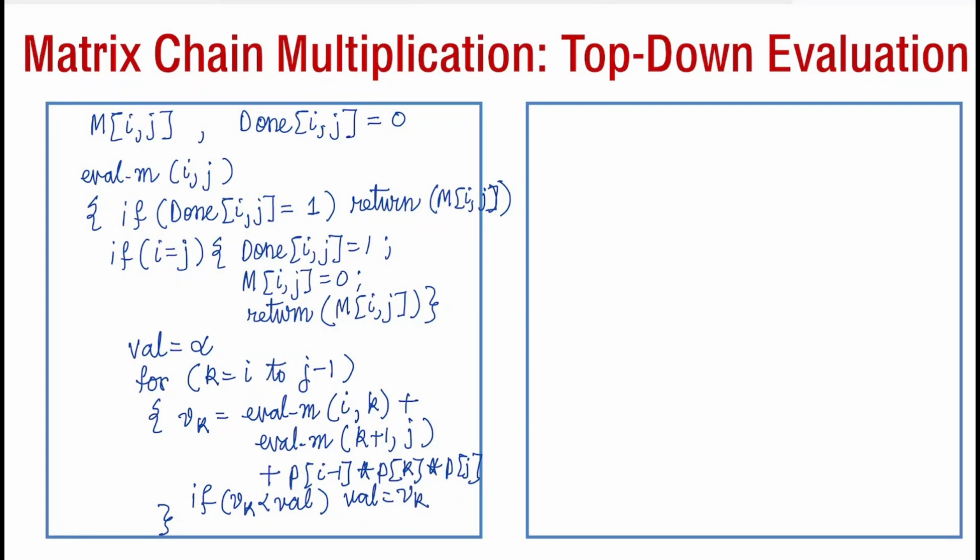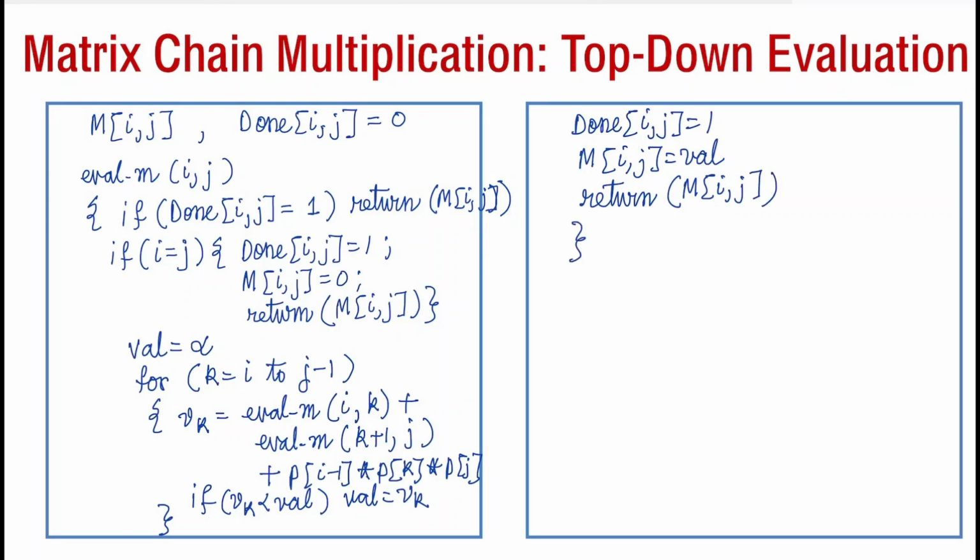Once we come out of the for loop, we set done ij equal to 1 and Mij equal to val, and we return Mij. And we can see that this method will reuse the values and compute every Mij exactly once.